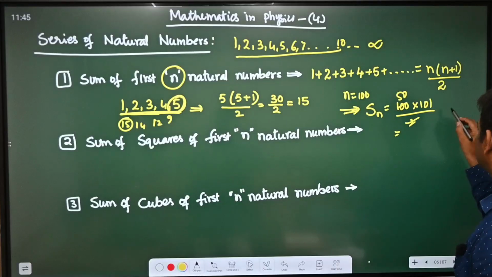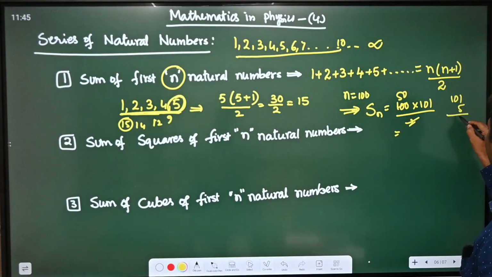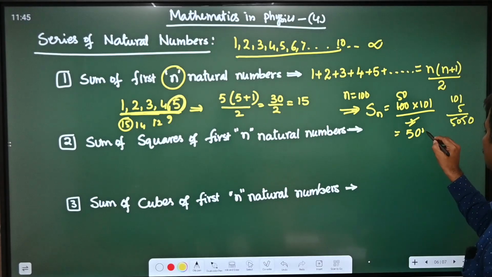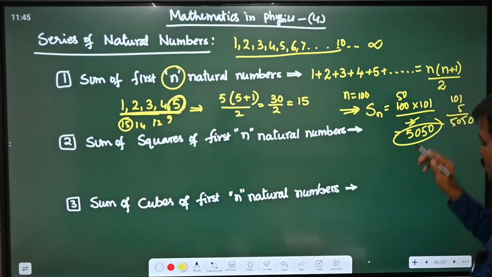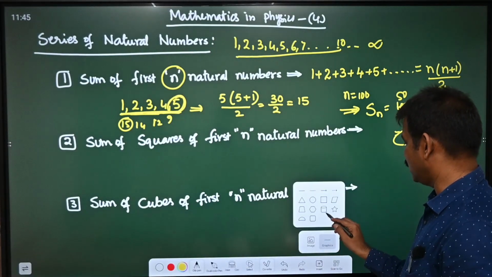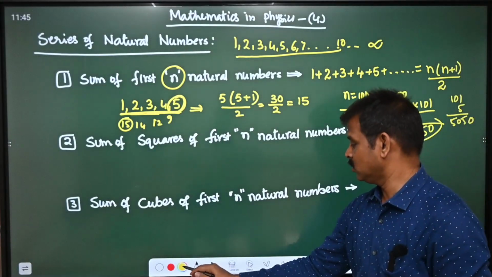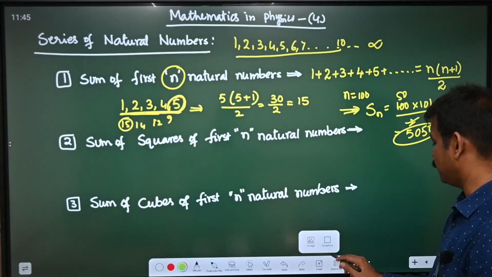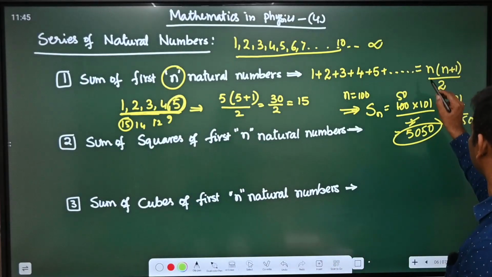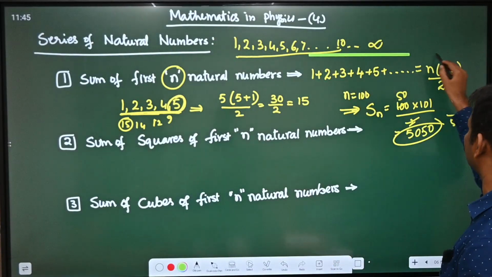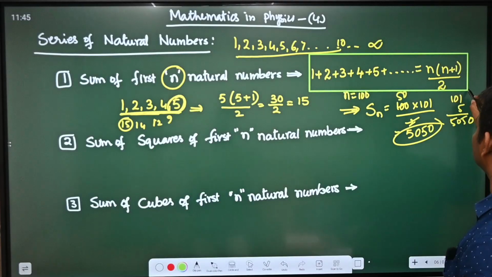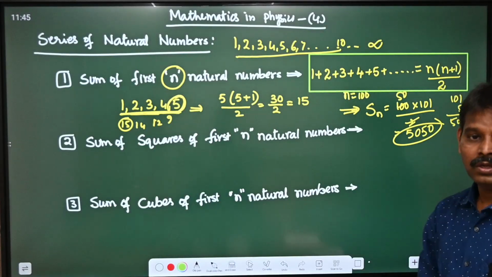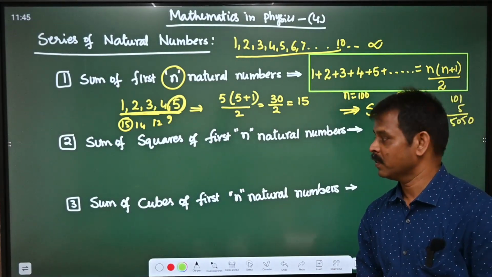So 101 into 50 is 5050. So by using this formula, students, it becomes very easy to find the sum of n natural numbers. So the formula is: sum of first n natural numbers is n into n plus 1 by 2.